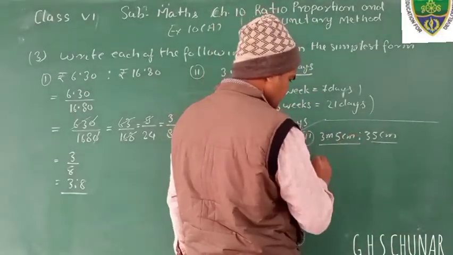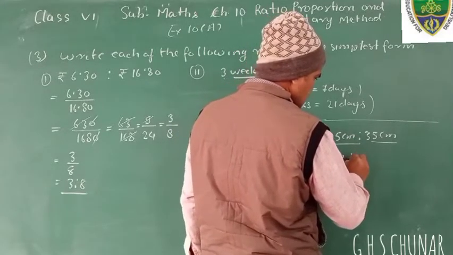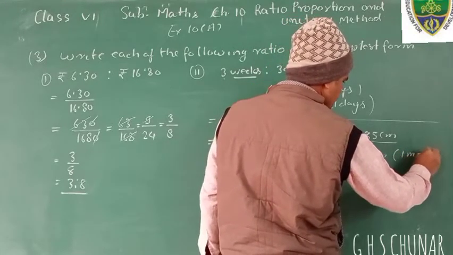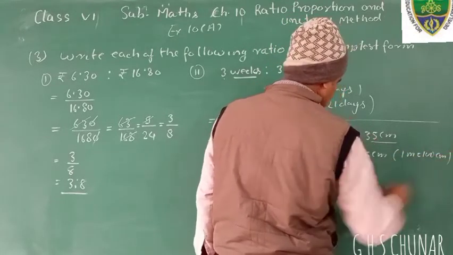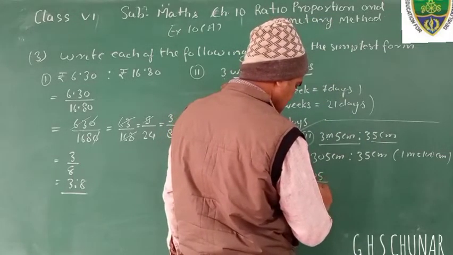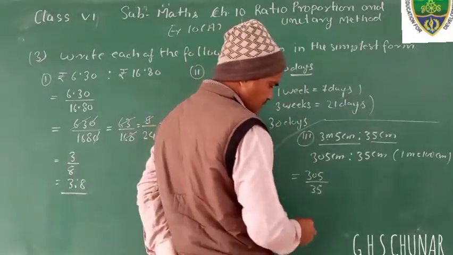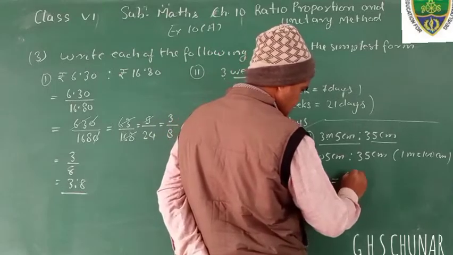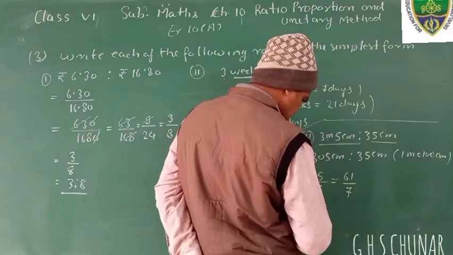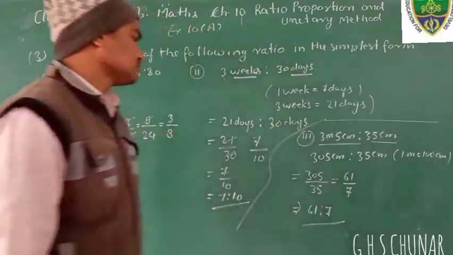If you convert it into 1 unit, that is 305 centimeter ratio 35 centimeter. 1 meter is equal to 100 centimeter. So we can write 305 upon 35. Both are cancelled by 5, that is equal to 61 ratio 7. Okay.